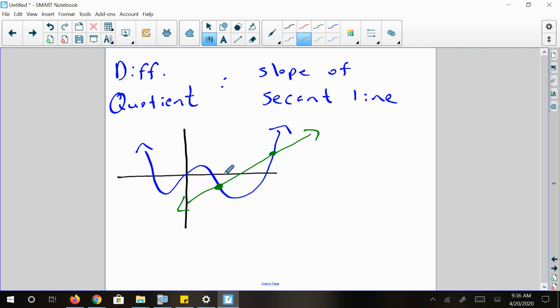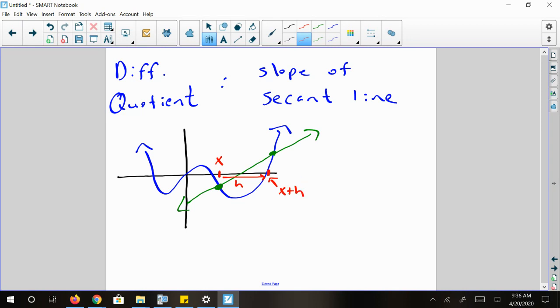So let's say that this was at an x value of, well, let's just call it x. And then let's say that I moved a distance of, let's call it h, in this direction to get to this point. And just logical thinking says if I start at x and then I add h, well, this x value right here is going to be x plus h.